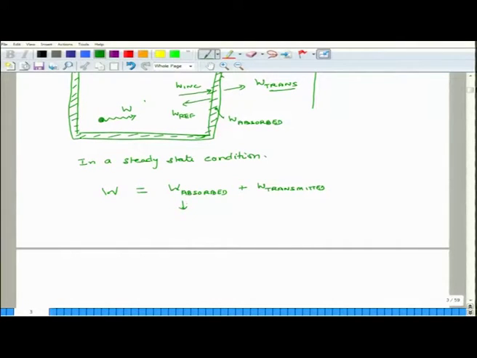Now, W absorbed, what is this? W absorbed is whatever energy is striking the inside surface of the enclosure, right? If that incident power gets doubled, then W absorbed will get doubled.